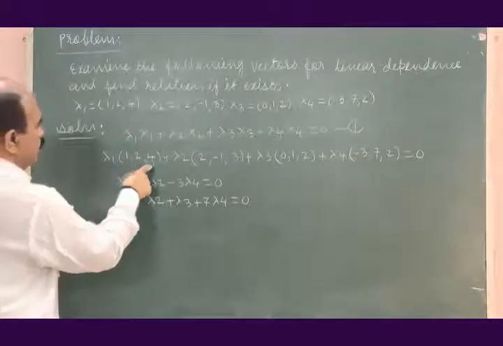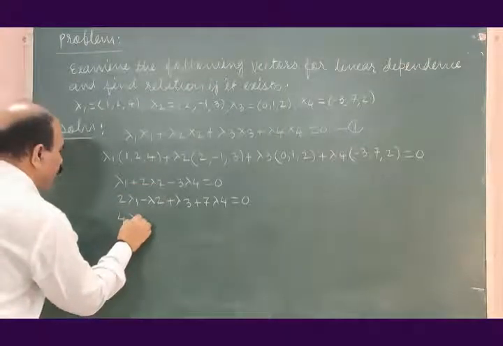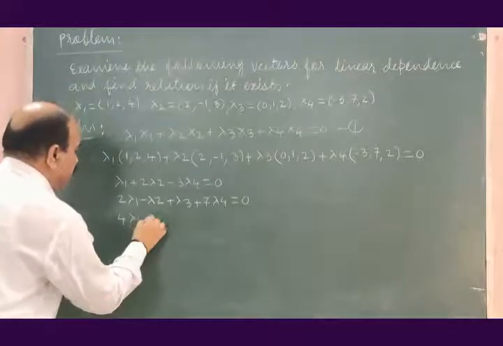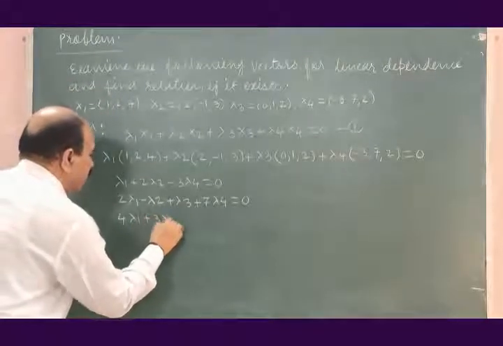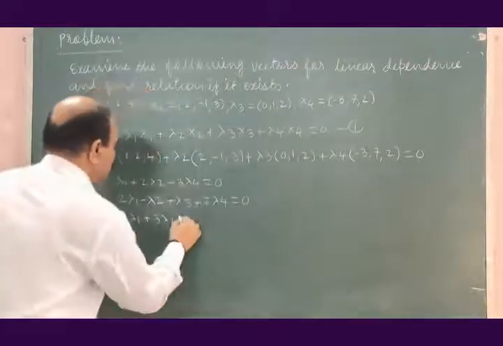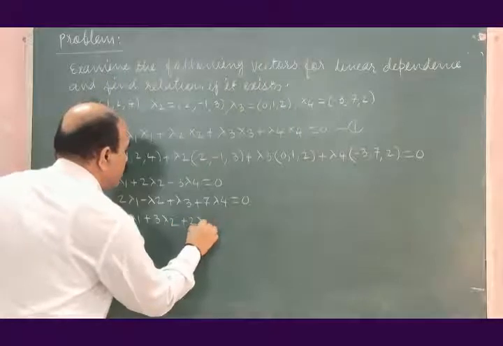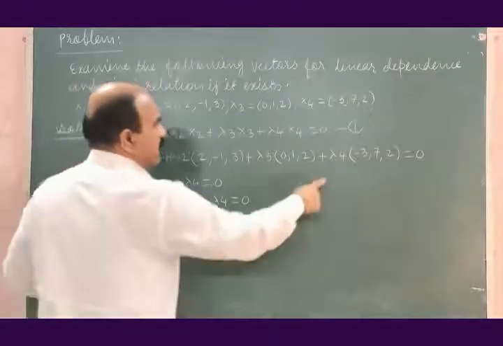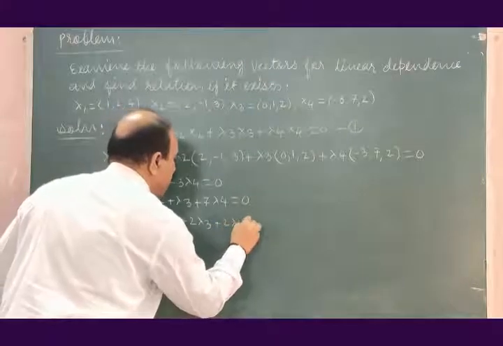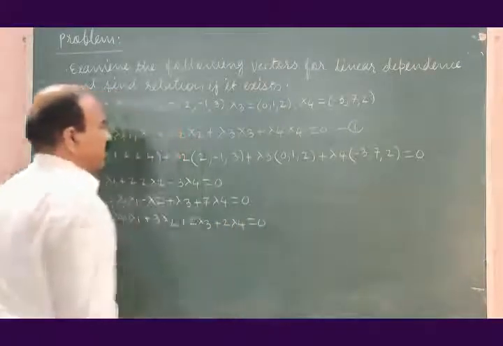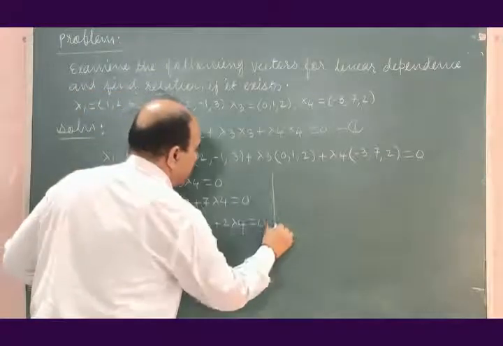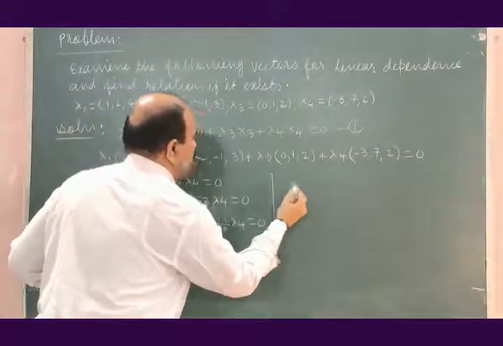Then lambda 1 into 4, 4 lambda 1; lambda 2 into 3, plus 3 lambda 2; lambda 3 into 2, plus 2 lambda 3; lambda 4 into 2, plus 2 lambda 4 is equal to 0. We may write this as equation number 2.